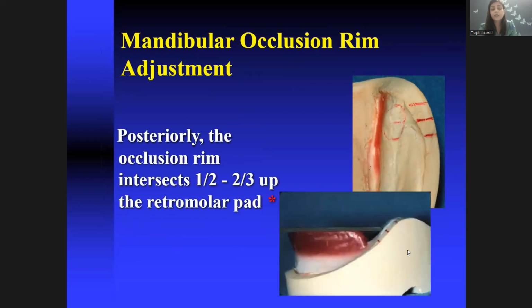In this way we can adjust the posterior height of the occlusal rim. So in this manner we customize the maxillary and mandibular occlusal rim in the jaw relation procedure in the patient's mouth.